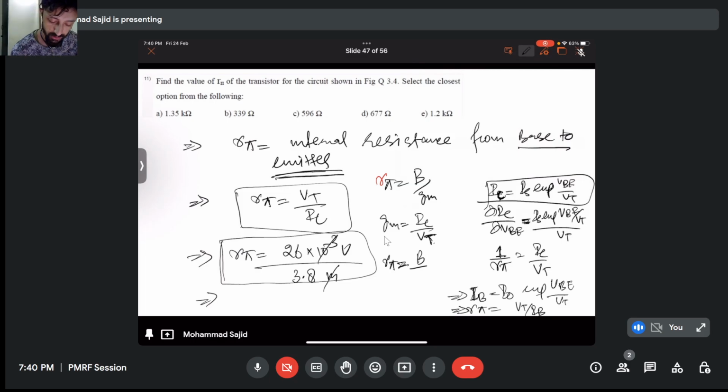Mistakes are good for learning. So this is IC by VT, right? And now you know beta is IC by IB. So replacing beta by IC by IB, you will get IB. This is how we get the relation for R pi in terms of IB.